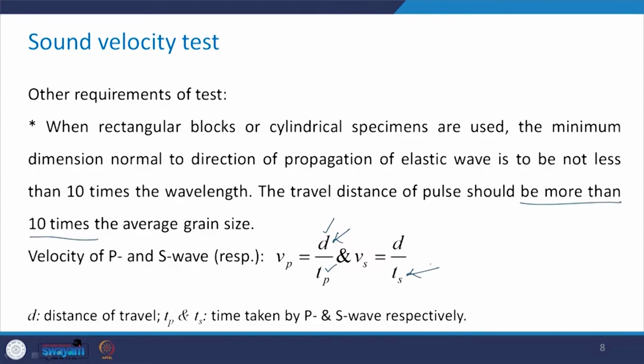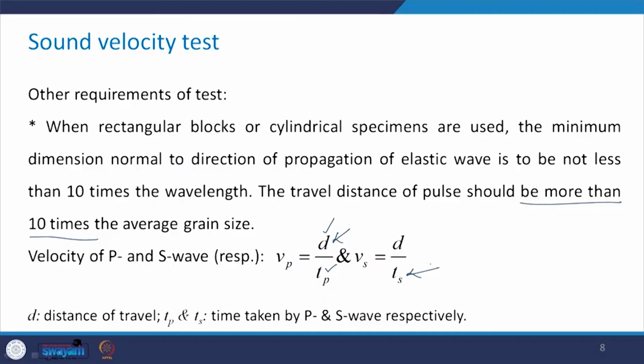Then this Tp and Ts will be known from the test result, that is, the moment the wave is received at the receiving end, that time you will get from the result of these velocity tests.